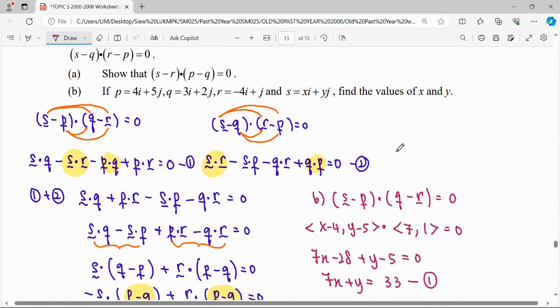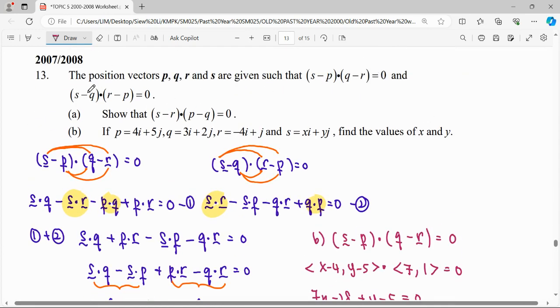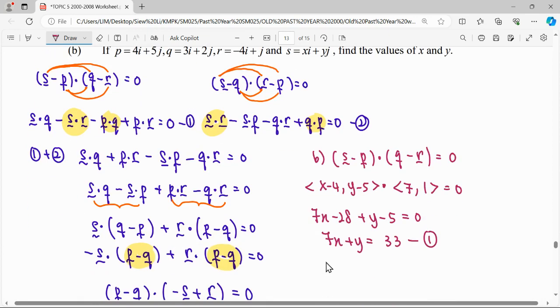Then we use the second information, S minus Q dot with R minus P equals to 0. So S minus Q, so x minus 3.